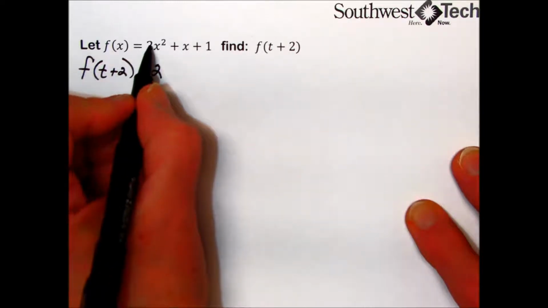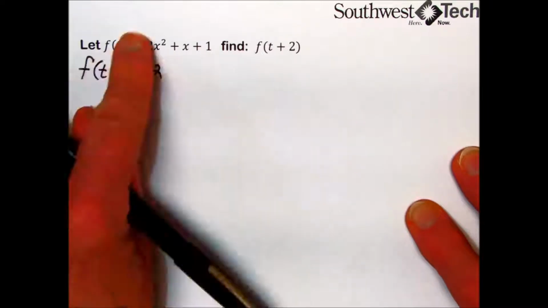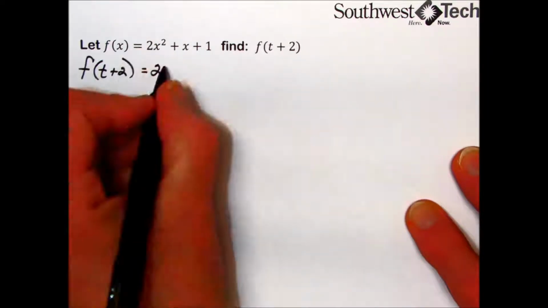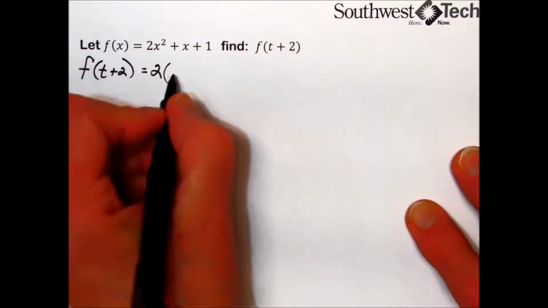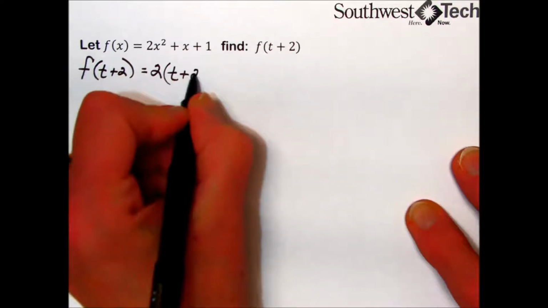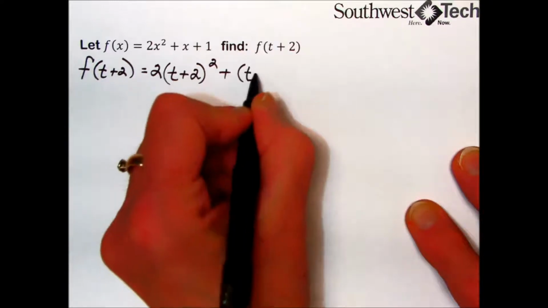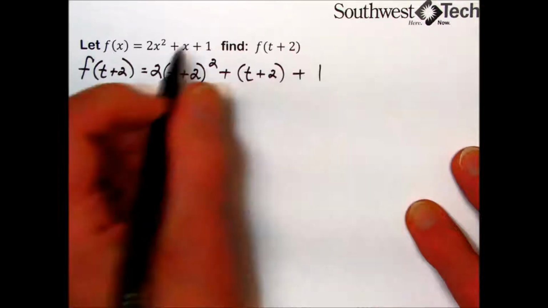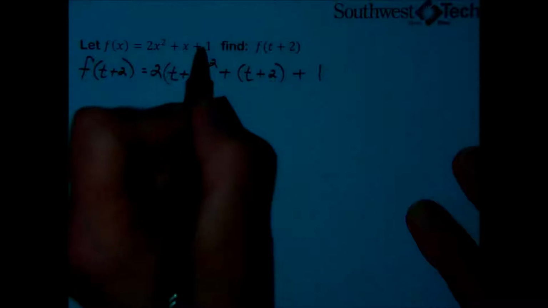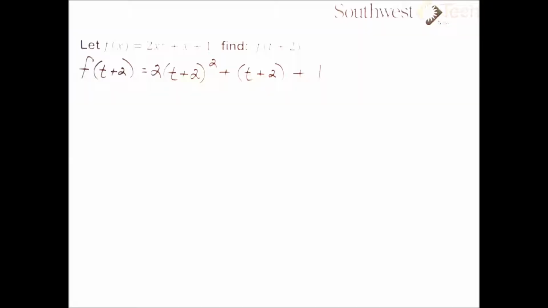So in this function, we're going to take 2 times, and it's only the x that's raised to the second power, and we are substituting x with this binomial plus x, so we'll put the t plus 2 in its place, and then the rest of the function.